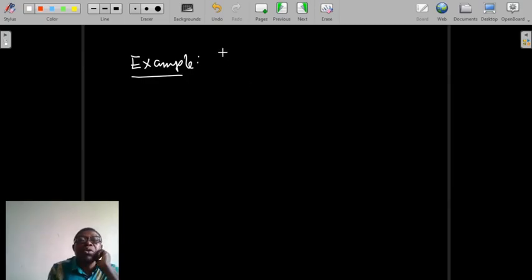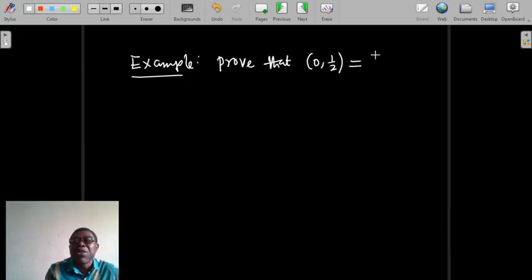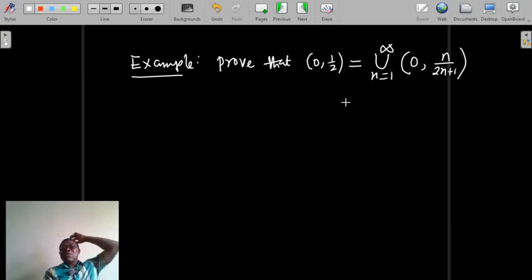I want us to prove that the interval (0, 0.5) is equal to the union, n equals 1 to infinity, of the intervals of the form (0, n over 2n plus 1). This is what I want us to prove: that the interval (0, 0.5) is equal to this union. So how do we go about it?